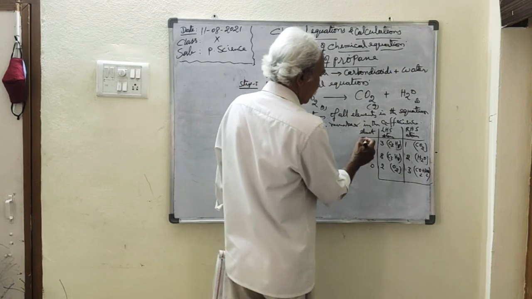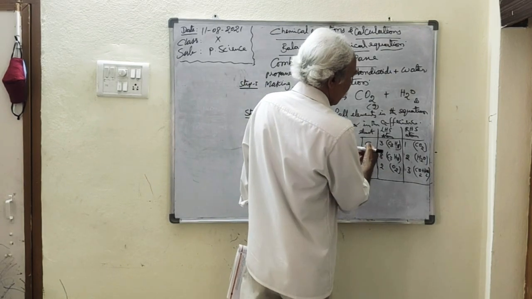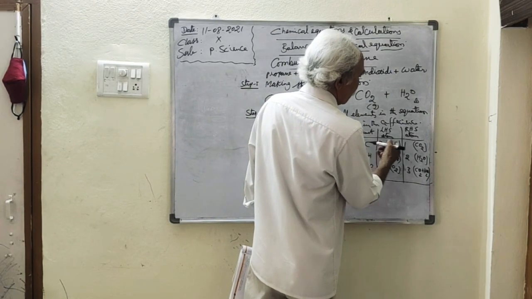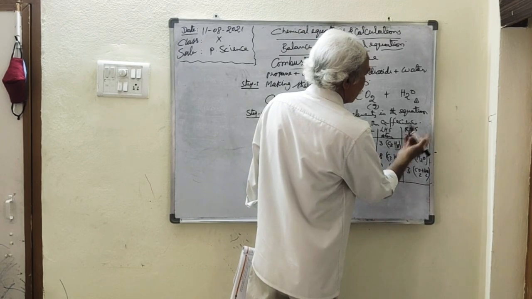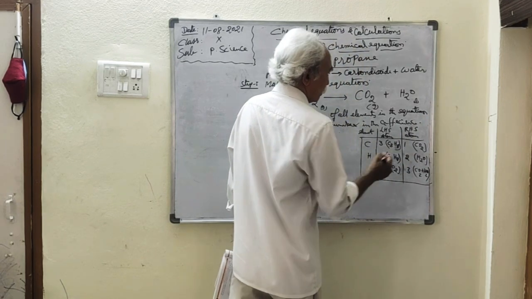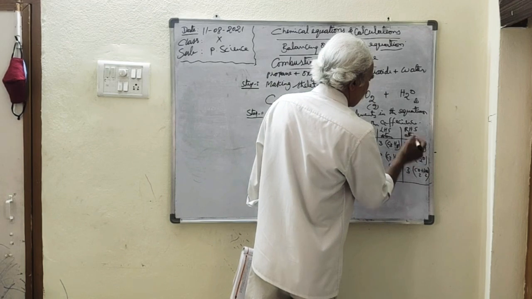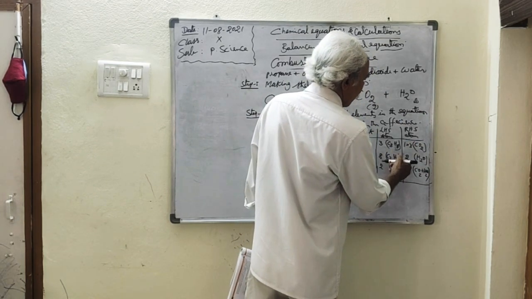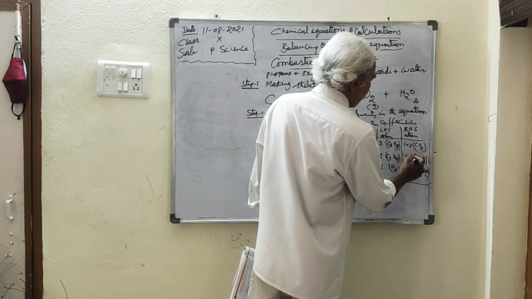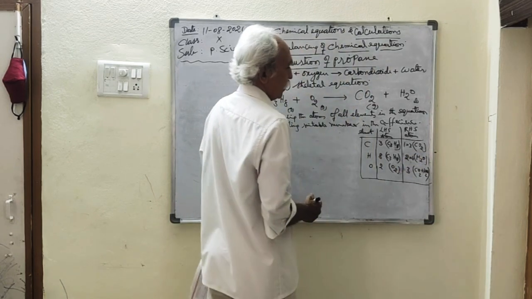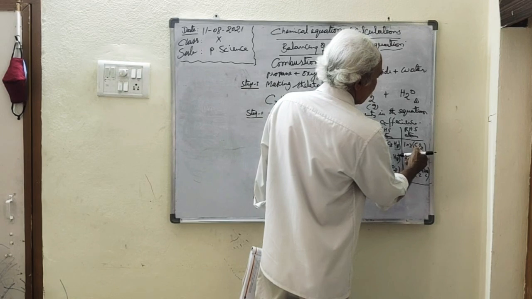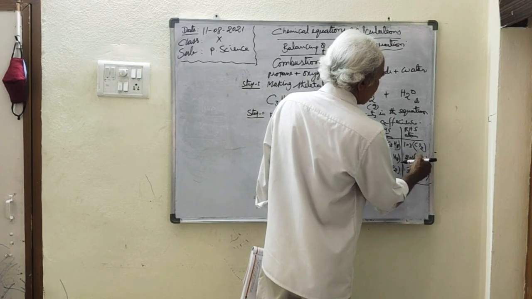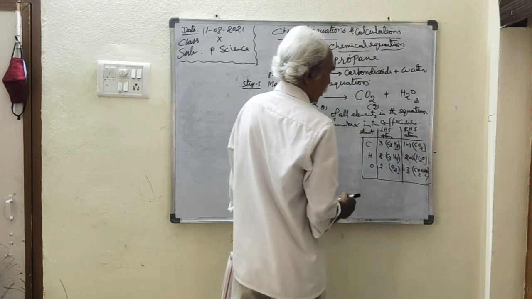So for balancing this equation, carbon here is a 3, here is a 1. So multiply with 3. Now here is 4 hydrogen, here 2 hydrogens, multiply with 4. So then what happens? 3 2s are 6 oxygen atoms, 4 1s are 4, totally 10 oxygen atoms are present.